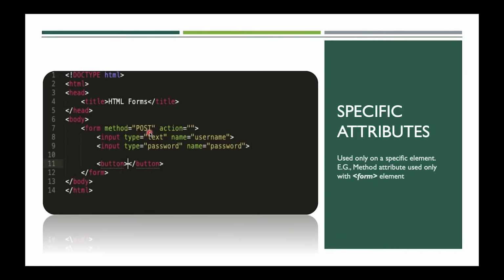Do not worry about it because we'll talk about that later when we learn about forms within HTML, but understand that method is only specific to forms. You cannot use it, let's say, on a paragraph or heading or anything else. It's just used with the form element.